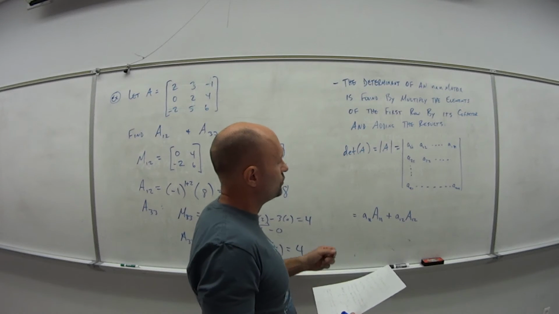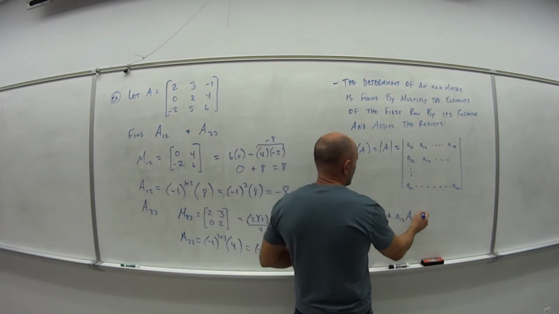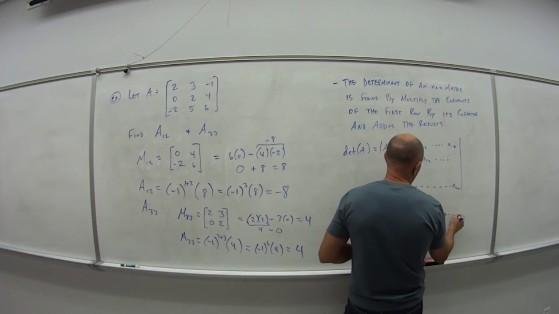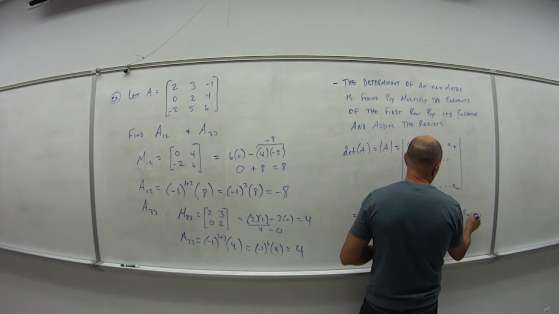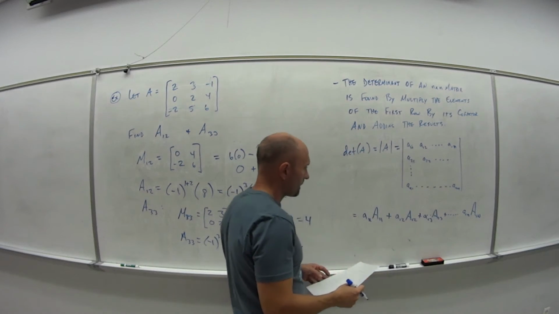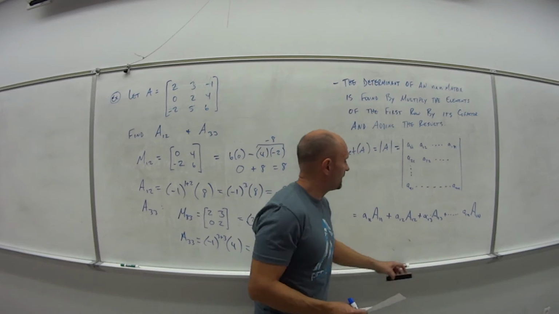We can pick whatever row, whatever column we want, but the key is we keep adding these pieces up. So A13, all the way up to A1n. So that gives us the determinant of an n by n matrix.